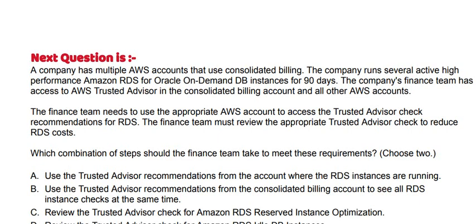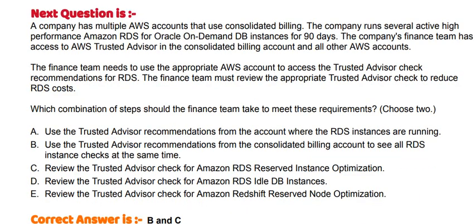The finance team needs to use the appropriate AWS account to access the Trusted Advisor check recommendations for RDS. The finance team must review the appropriate Trusted Advisor check to reduce RDS costs. Which combination of steps should the finance team take to meet these requirements?